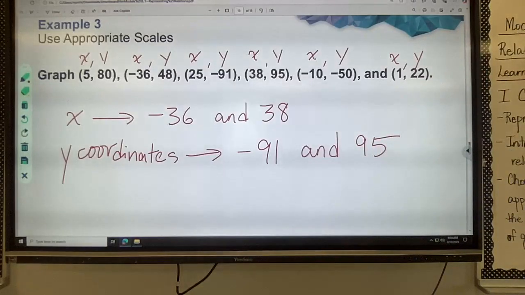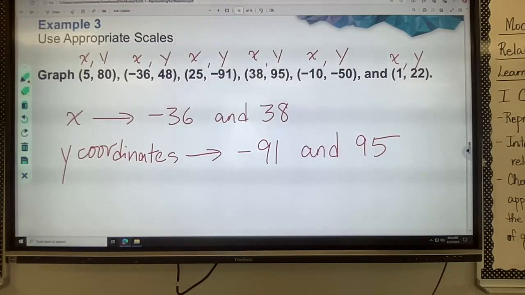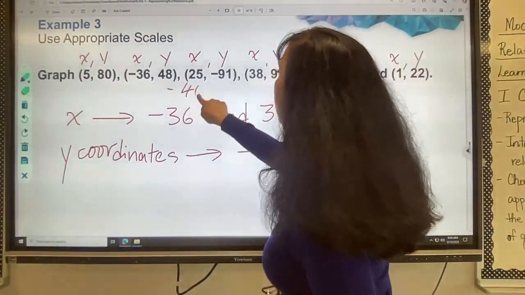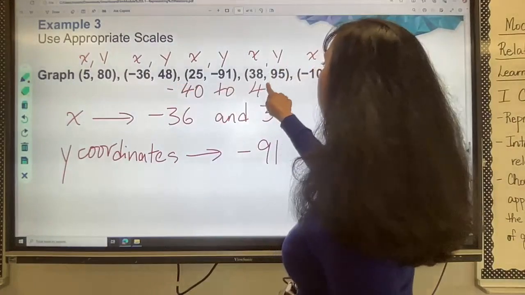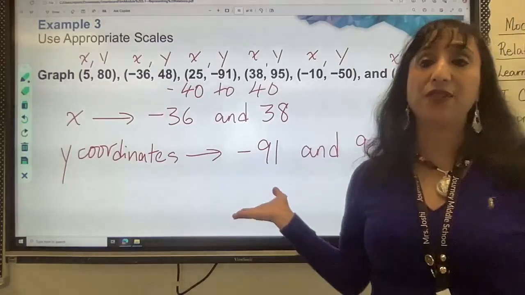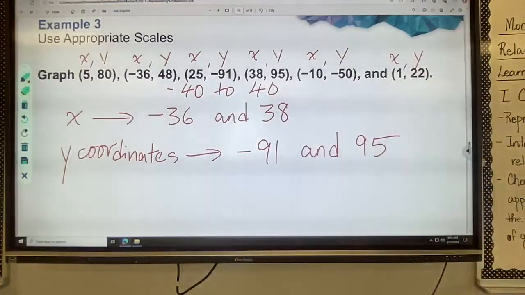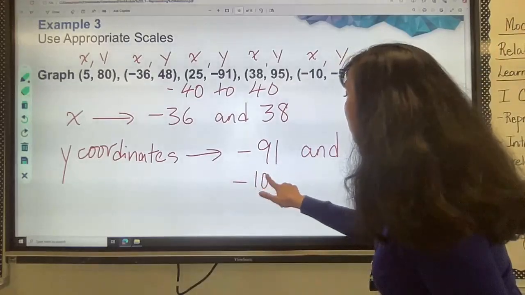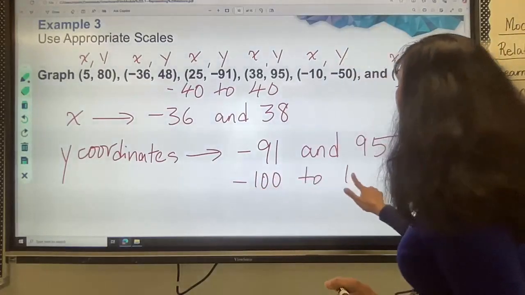All right, so the x-axis should include values from about -40 to 40, so that all of this can be graphed. And then if I look at the y, it should include values from, let's say, -100 to 100.